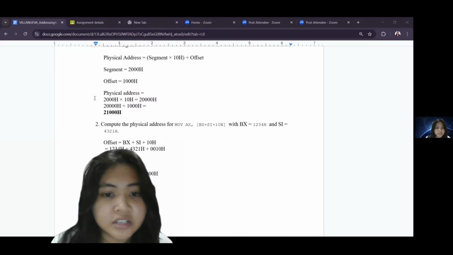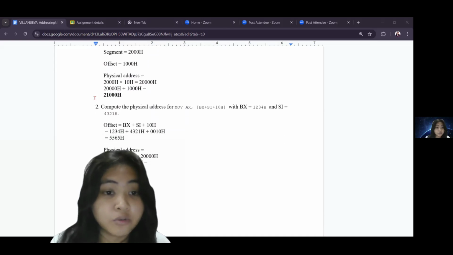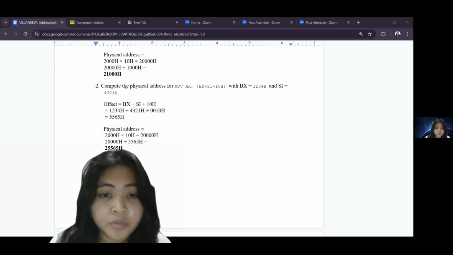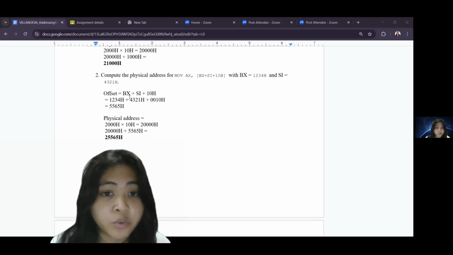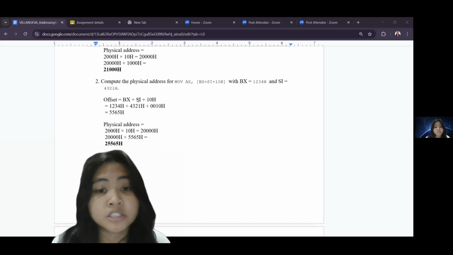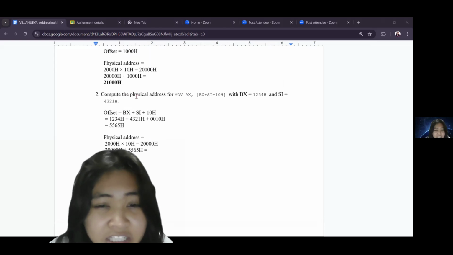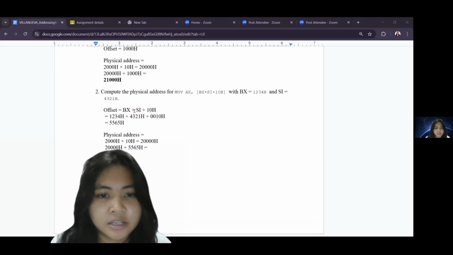Problem 2, compute the physical address, move AX, [BX plus SI plus 10H], with BX 1234H and SI 4321H. So the problem number 2, move AX comma bracket BX plus SI 10H. We are given BX equals 1234H, SI equals 4321H, and displacement equals 10H.